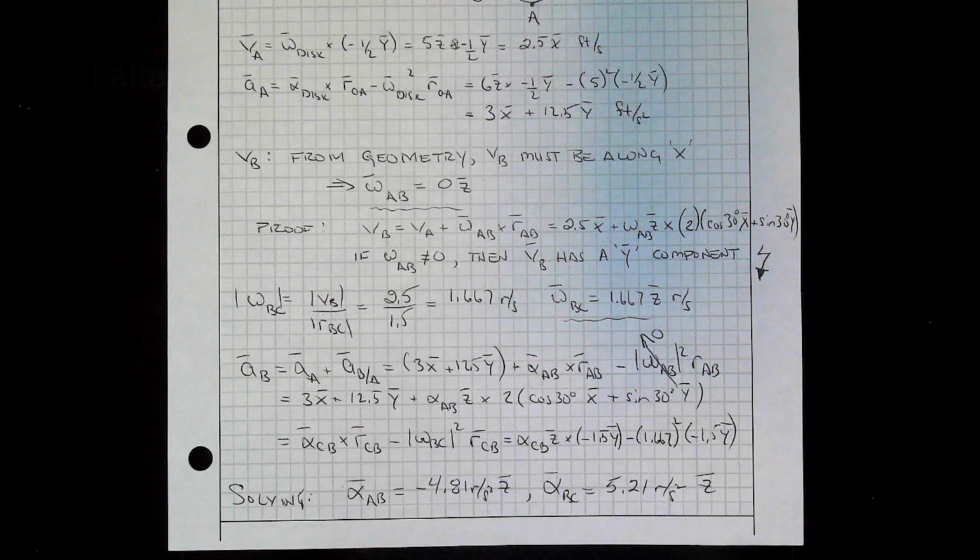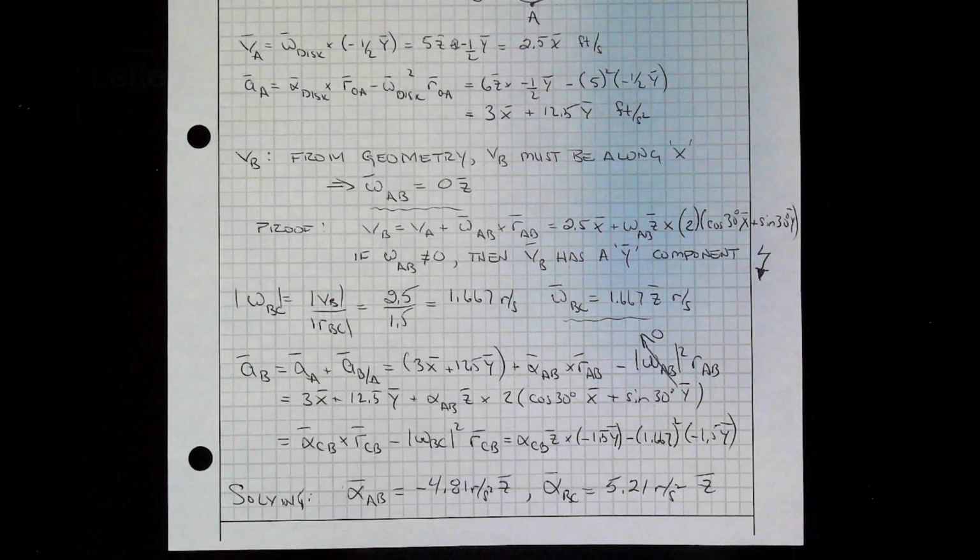The omega we figured out, and the alpha CB is the unknown. Plugging in all the numbers, r from C to B is obviously minus 1.5y, so that's really easy. Now we simply equate the x's and the y's, and we can get alpha AB: it's minus 4.81 radians per second squared.